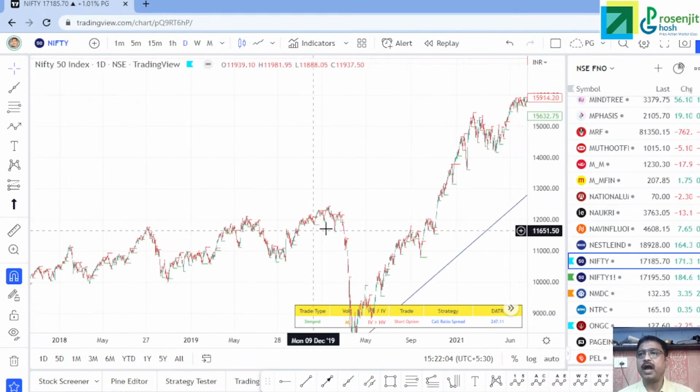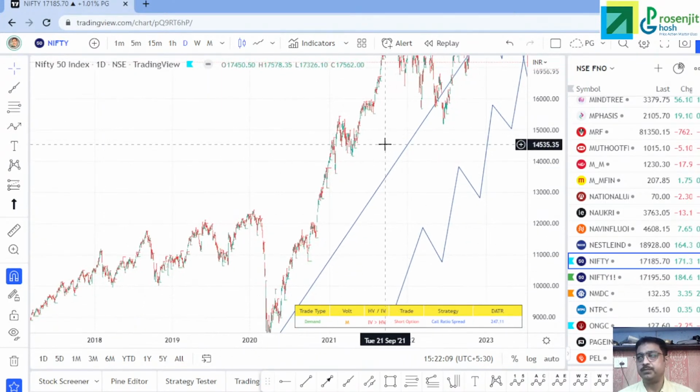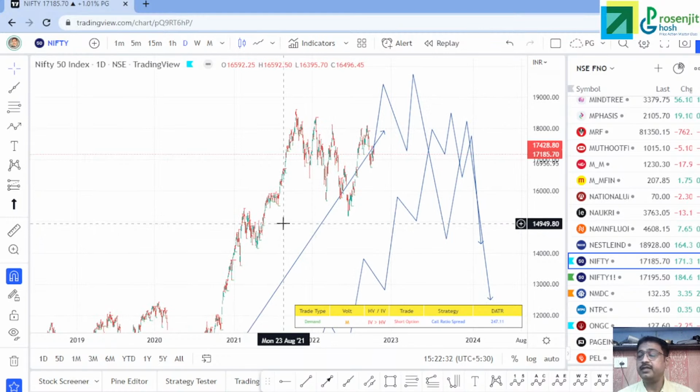So in Nifty, I know one thing: the uptrend is very steep. So when an uptrend is very steep, at the back of my mind I know that somewhere near, maybe 1 month, 2 months, 1 year, I don't care, because it takes its own time to form a pattern in the chart, and then we can see a big downtrend in Nifty.